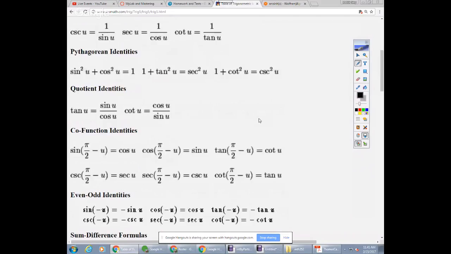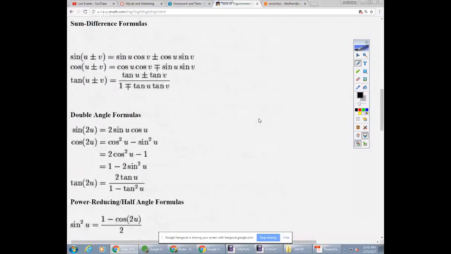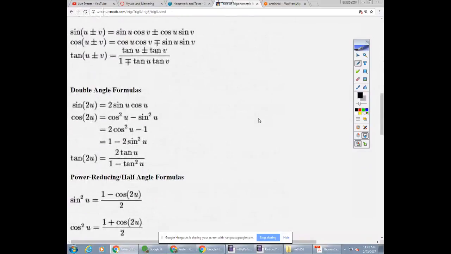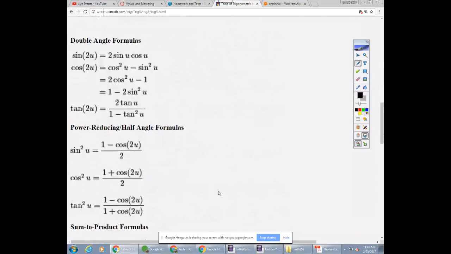So if we look at our list of trig identities here, instead of the half angle, I usually use the double angle, but we could use a half angle. So here we have a half angle formula that says the cosine squared is really 1 plus the cosine of 2u all over 2. That solves our problem right there.